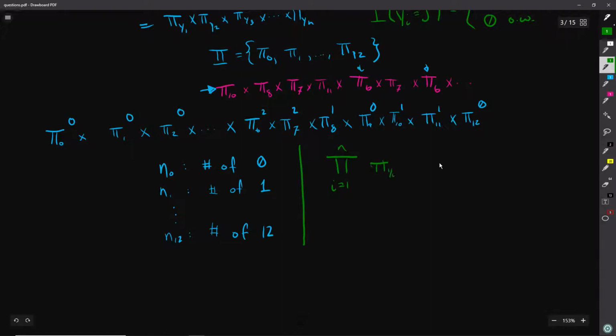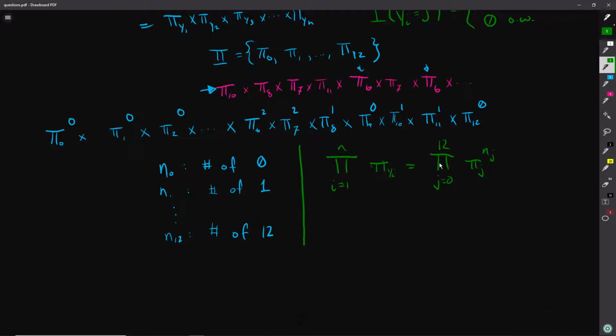So this is the likelihood. Well, this could be written as the product from j equals 0 to 12 of pi j to the power of nj, right?